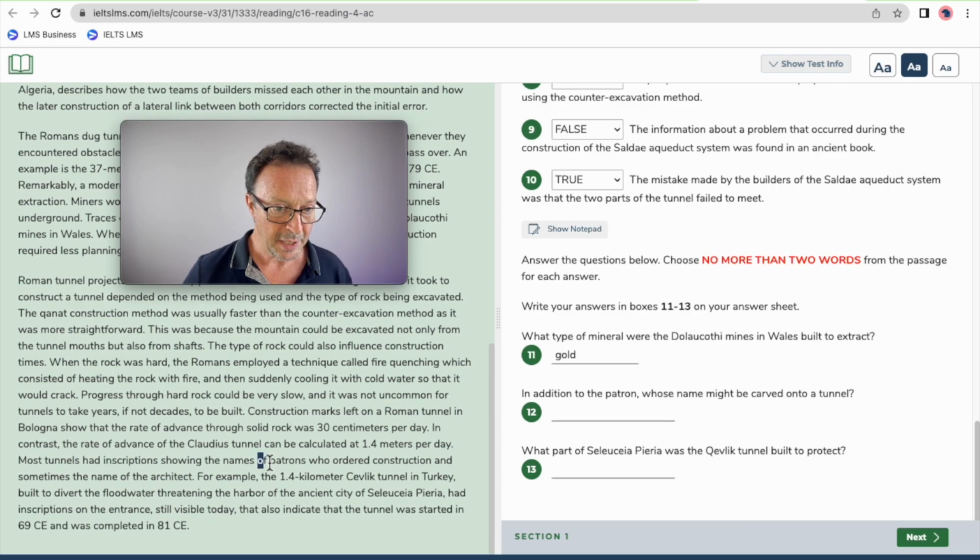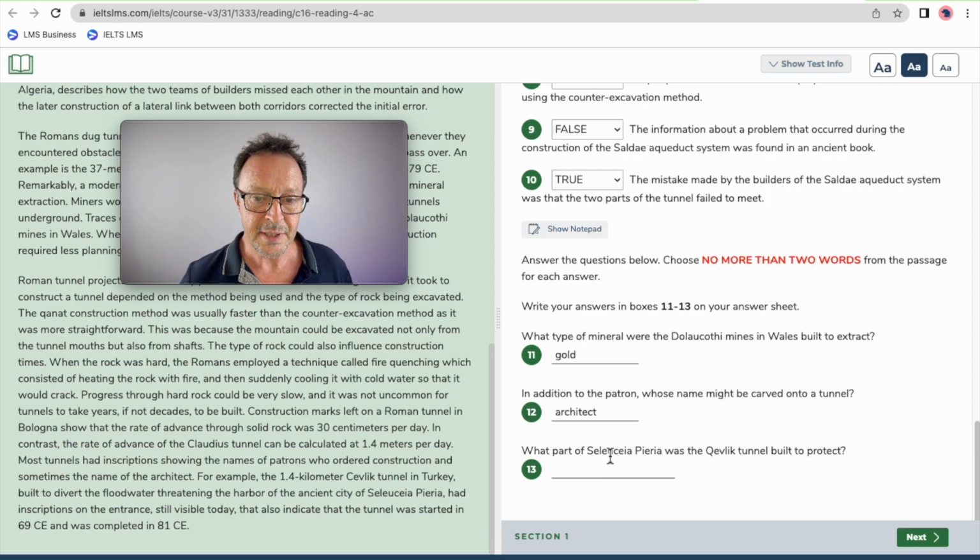Here we go, there's mention of a patron there. Most tunnels had inscriptions showing the names of patrons who ordered construction and sometimes the name of the architect. Okay, the architect. So let's say architect there.